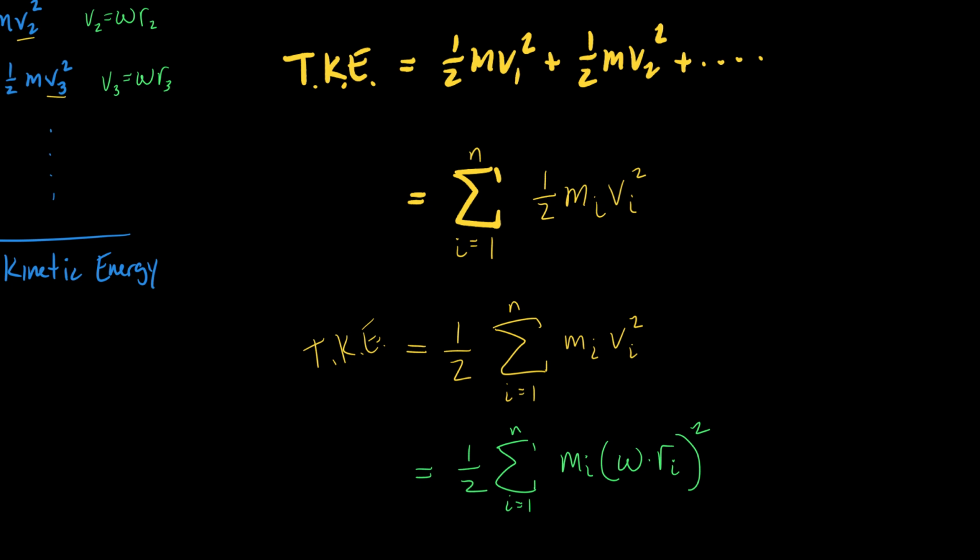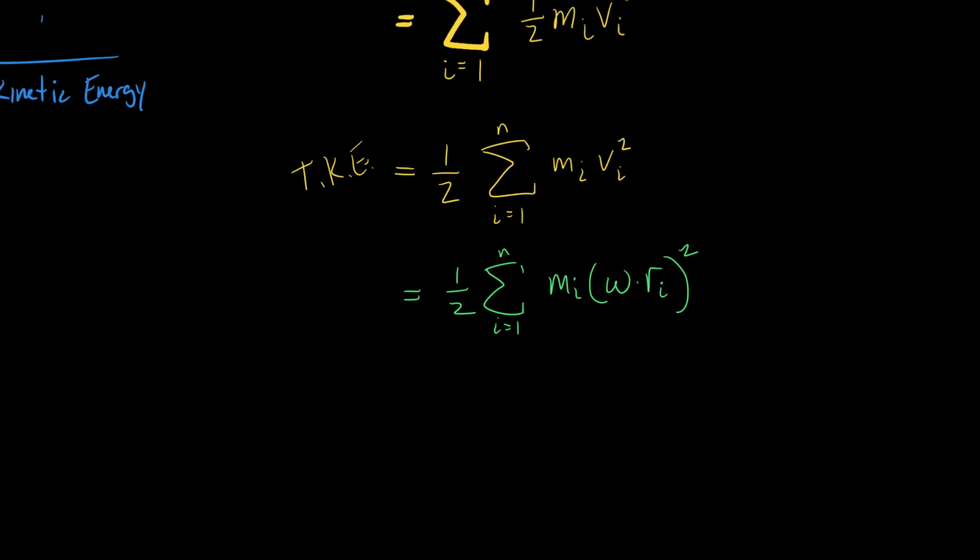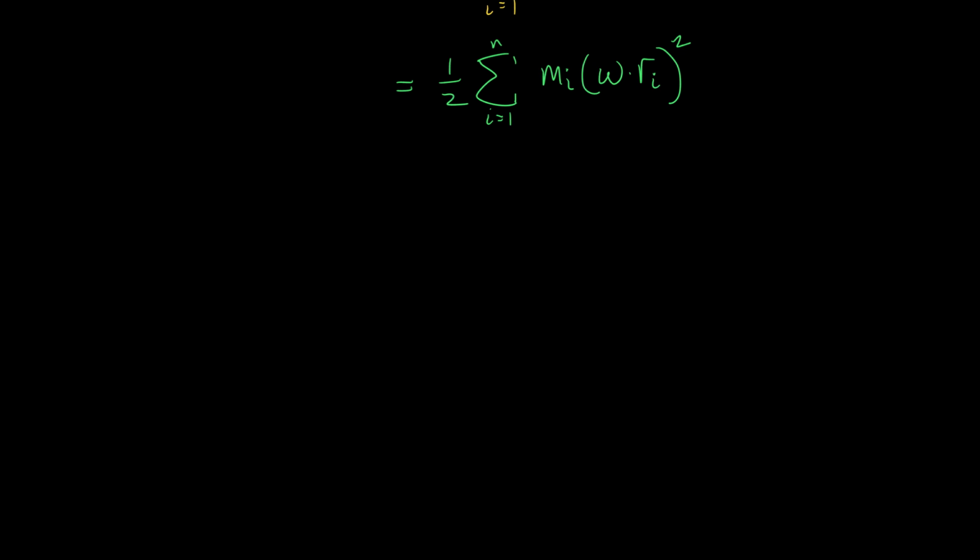No. The reason I want to do that is omega is the same for all of the pieces. This way I don't have to calculate all the individual velocities. I can just calculate how far they are and multiply the whole thing by the angular speed at the end. Does that make sense?